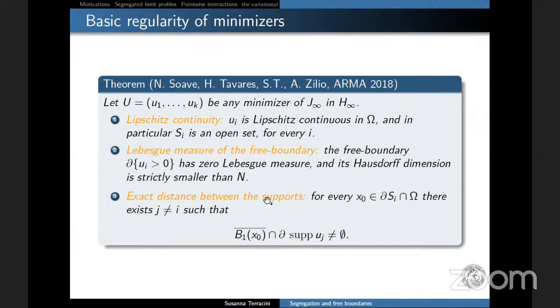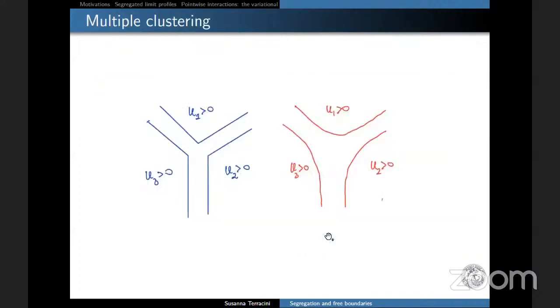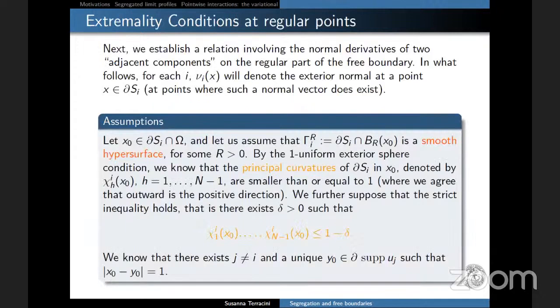And the positivity sets have a distance exactly 1. Okay, so this picture, where here we have a distance exactly 1, is allowed, while this picture is not allowed, because here there are in fact points where the distance between the supports is strictly larger than 1.